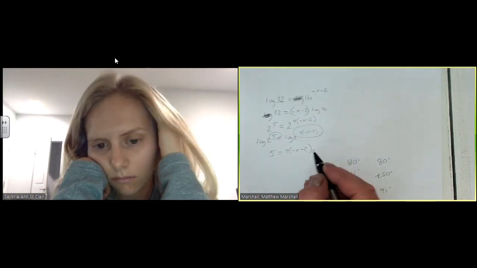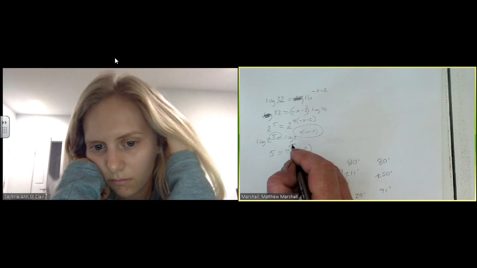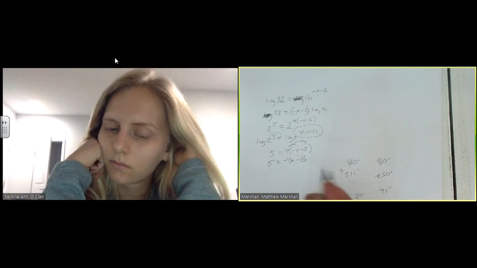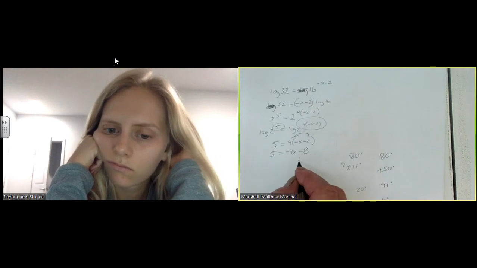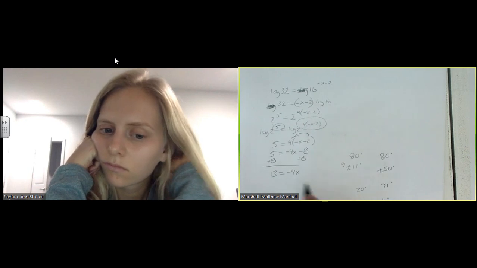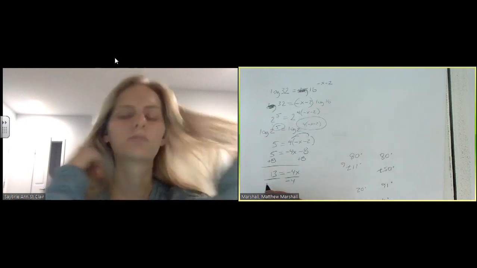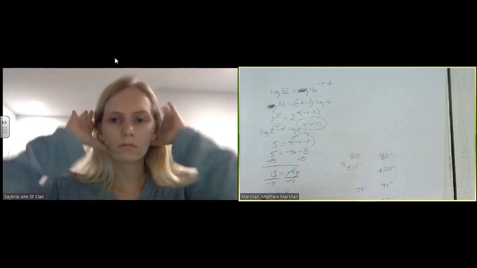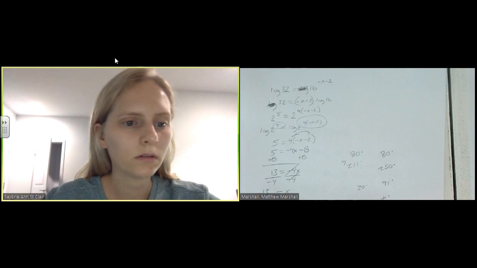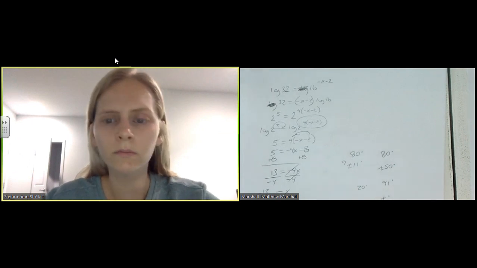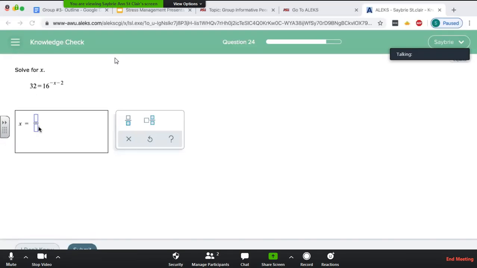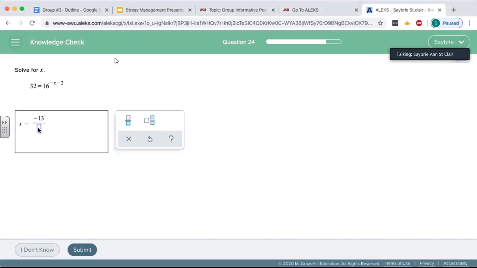So that gives me 5 equals negative 4x minus 8. I'm going to add 8 right there. I get 13 equals negative 4x. Divide by negative 4. So I think it's negative 13/4. Try that. Yep.